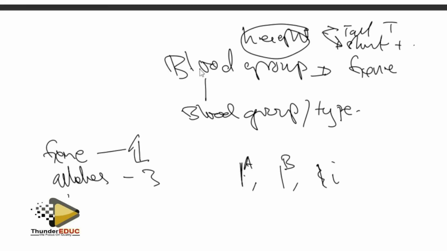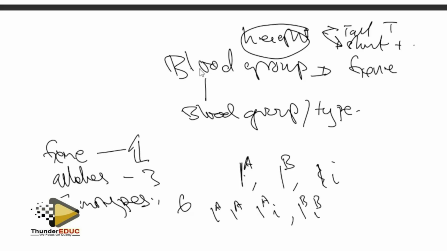How many genotypes? Genotypes, there are 6. You have this. Remember, A is either homozygous or heterozygous. That's 2. B is either homozygous or heterozygous. Then you have, that's 1, 2, 3, 4.